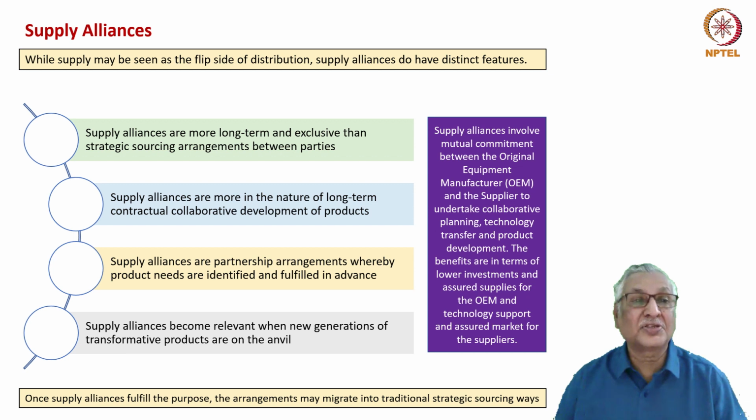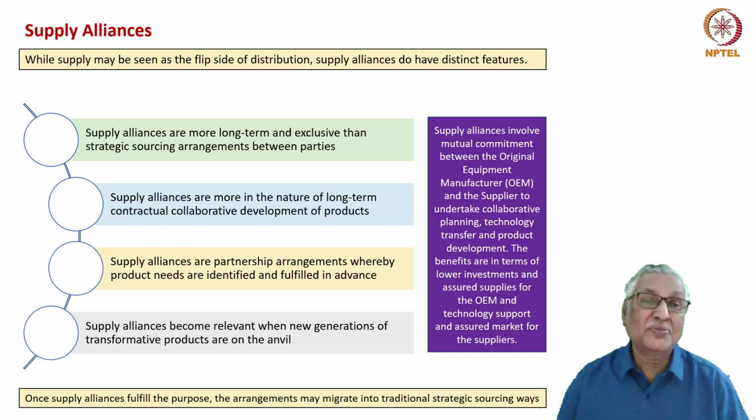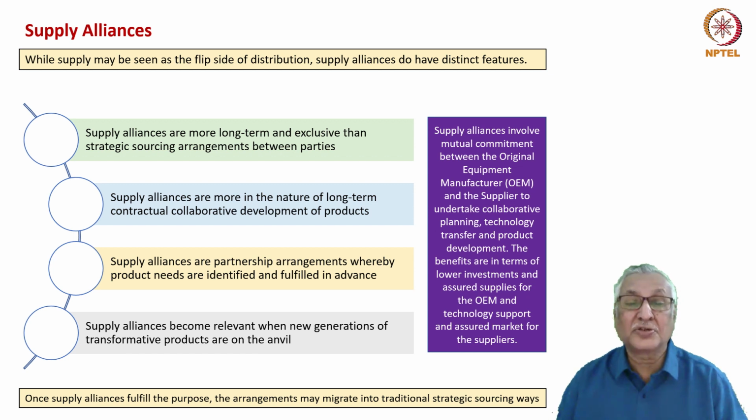We have supply alliances as well. While supply may be seen as the flip side of distribution, supply alliances do have distinct features. Supply alliances are more long-term in nature and more exclusive than strategic sourcing arrangements between parties, because procurement has moved to strategic sourcing, and we may believe that strategic sourcing itself is a kind of supply alliance.